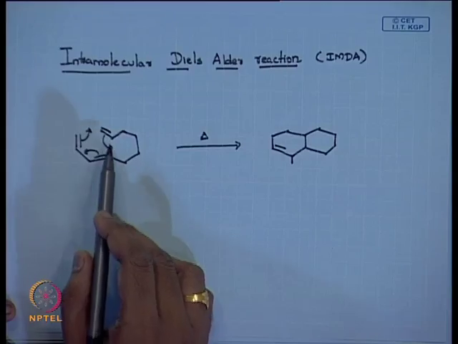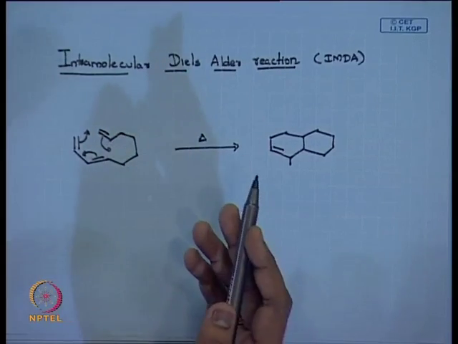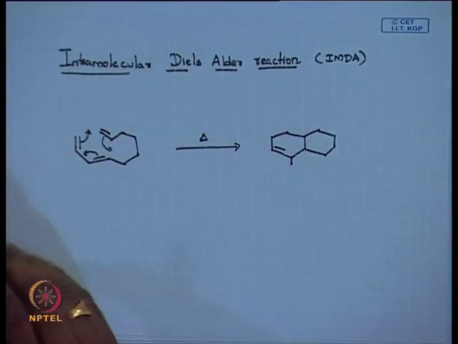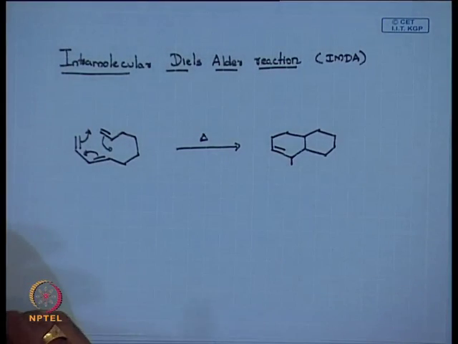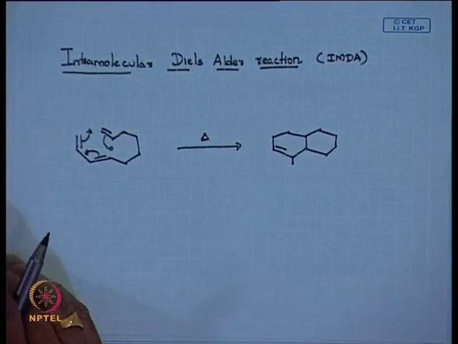So, you have a diene, you have a dienophile within the system and you heat it, you get your Diels-Alder reaction. The stereochemistry is really interesting because you are trying to fuse a ring, right. So, now you can think about whether it is a trans ring junction or a cis ring junction, which it is going to favor. Okay.